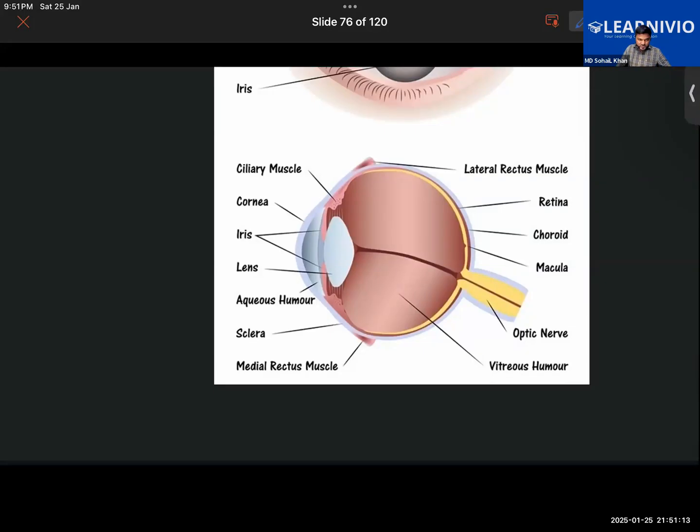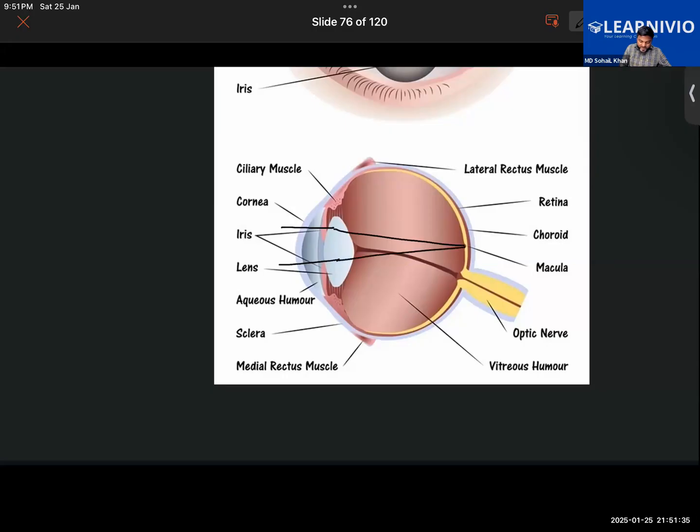Convex. It is convex, right? What does it do? Convex lenses are converging or diverging? Converging. So it will converge the rays of light onto the retina after passing through it, right?